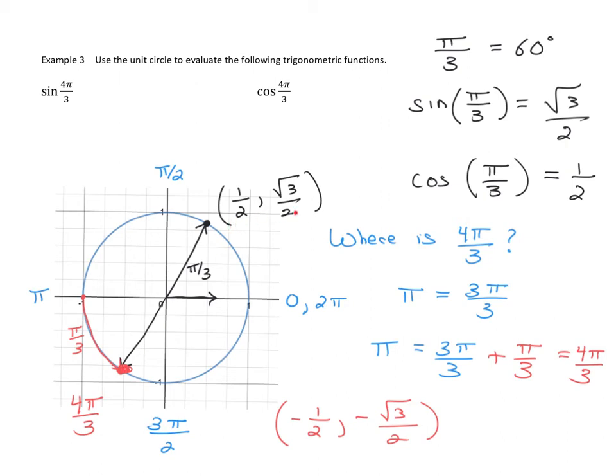Since those two were positive, they are now both negative. That means I know what sine of 4 pi over 3 is equal to. It's the y coordinate of this point, which is negative root 3 over 2. I also know cosine of 4 pi over 3. That is going to be the x coordinate of this point, which is negative 1/2.